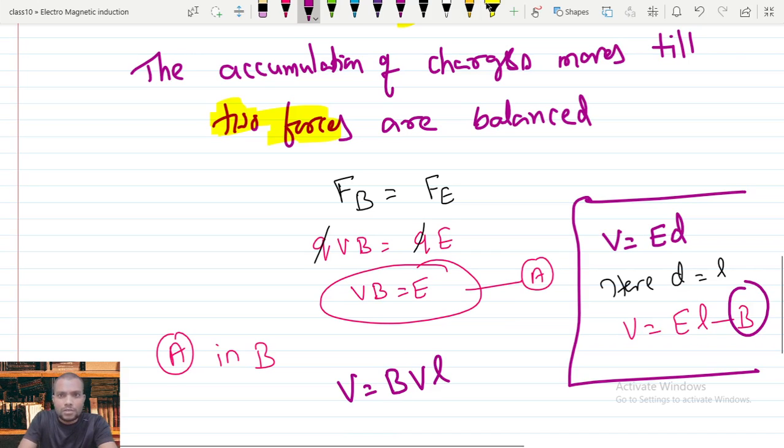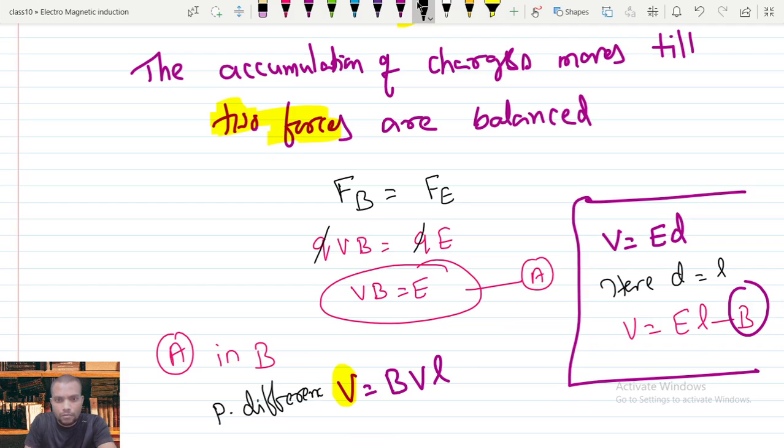Don't be confused, here the capital V is nothing but potential difference, and another v, which I am supposed to mention as little v, is the velocity.